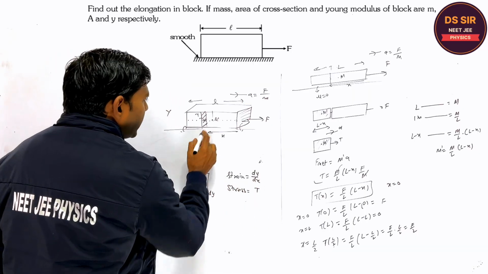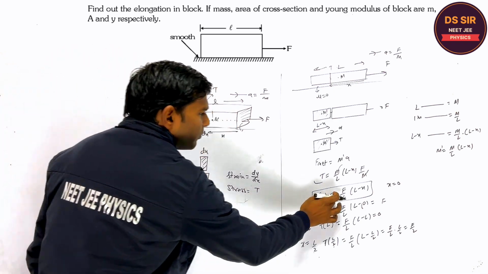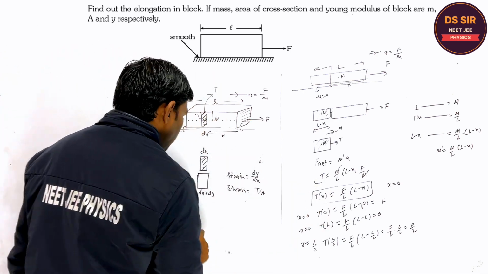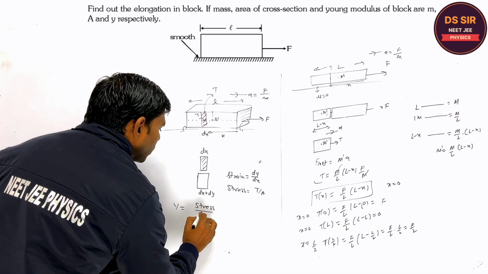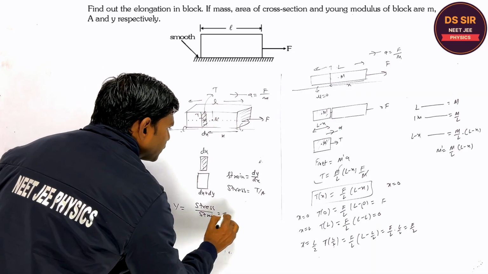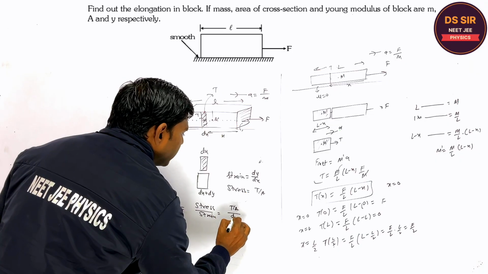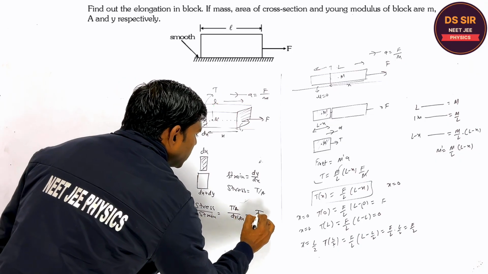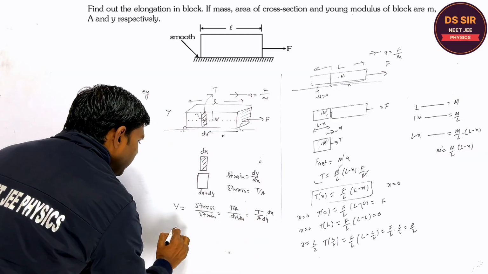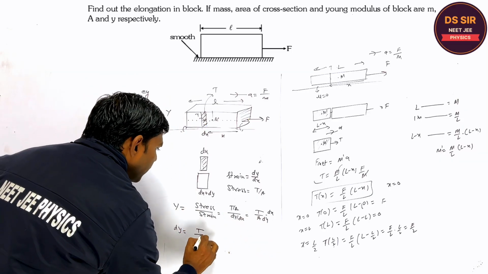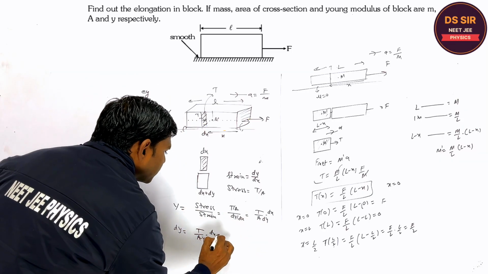Say the tension at this is T, given by this tension upon the area A. So what is the Young modulus? Stress upon strain, T upon A, over dy upon dx. So dy comes this side: dy equals T upon A Y into dx.